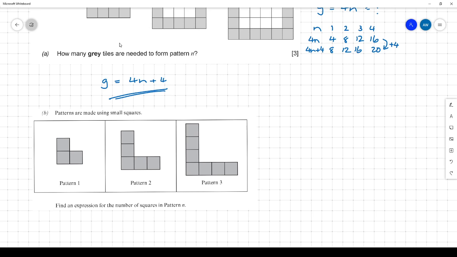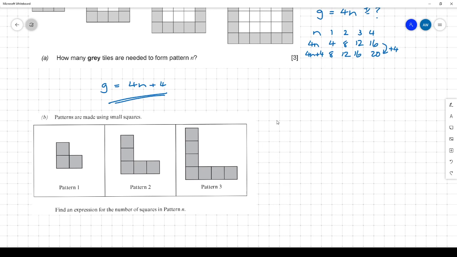So what do we need to do? Create a table again. As we've done before, n is our position number, and we've got 1, 2, 3.